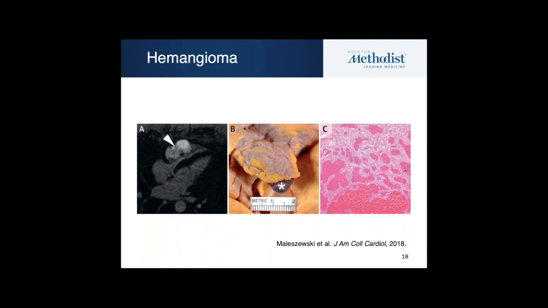CMR and CT are very useful for delineating these lesions. On imaging you'll usually see diffuse smooth lobular contours, thin internal septa with T2 hyperintensity on CMR, water attenuation on CT, and a peripheral enhancement pattern. Isointensity and isoattenuation to the blood pool is seen on delayed imaging as well.